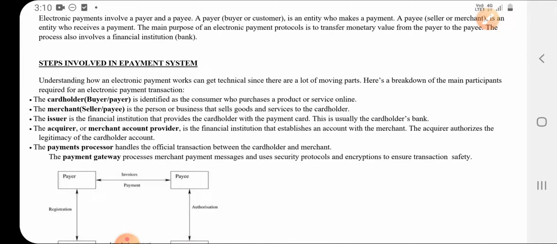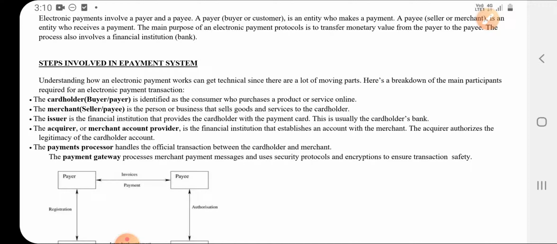The buyer or the payer, identified as the customer who purchases the product or service online. All of you are card holders or payers. You buy different things online, no? You buy your dress materials, you might buy a mobile phone, or anything through online. So all of you are called buyer or card holder or payer.